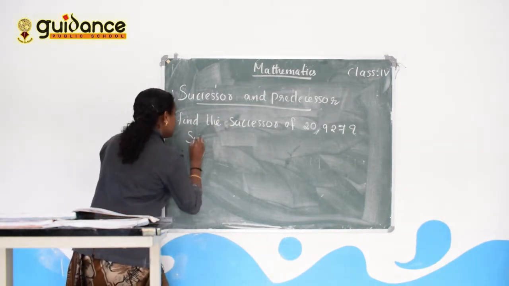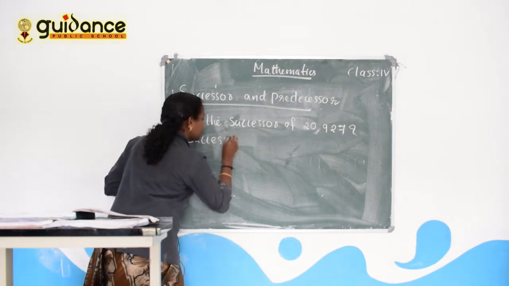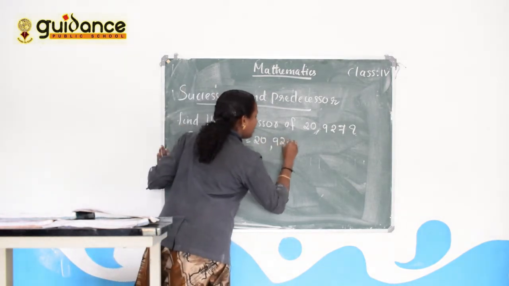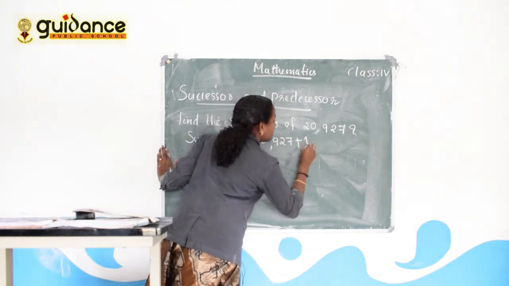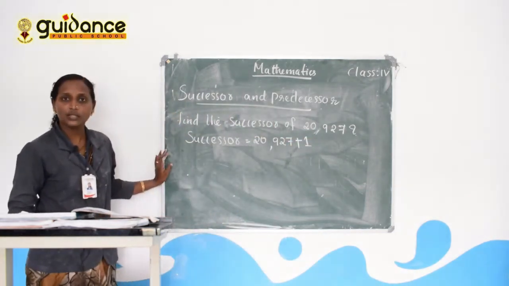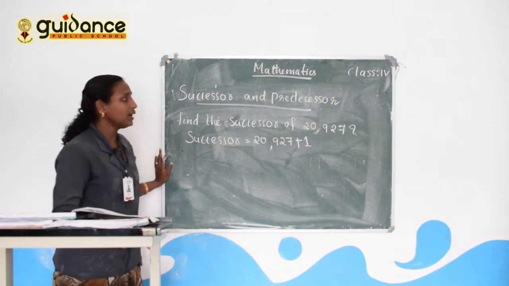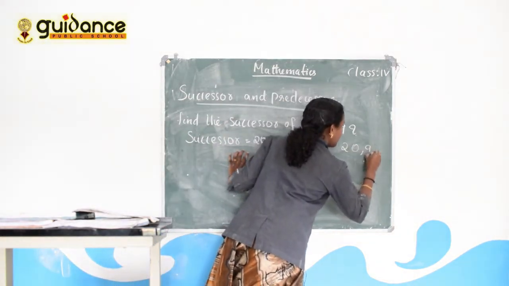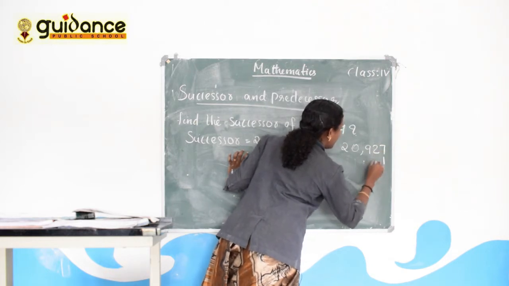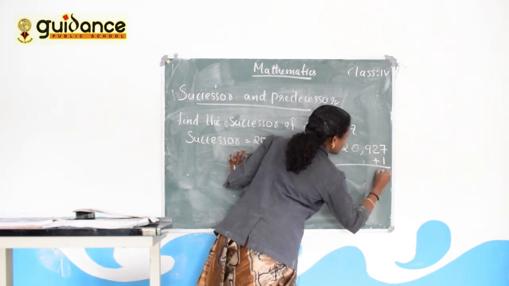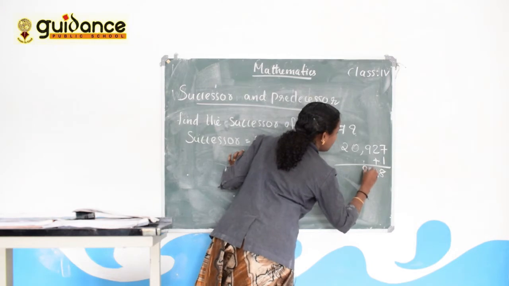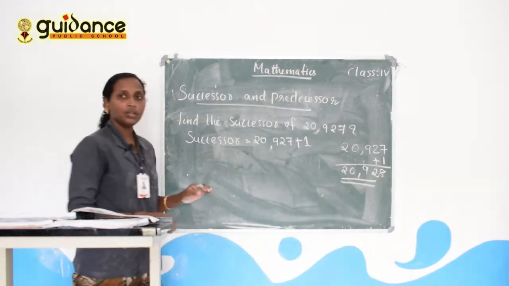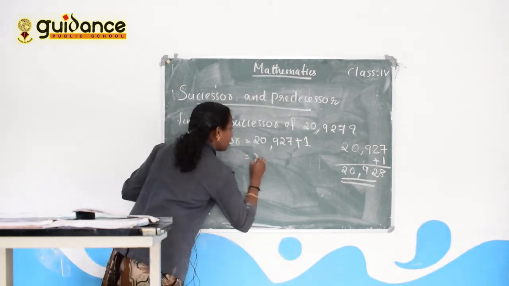That means successor is equal to 20,927 plus 1. 7 plus 1 is 8, then 2, then 9, then 0, then 2. So this is the successor of the number.